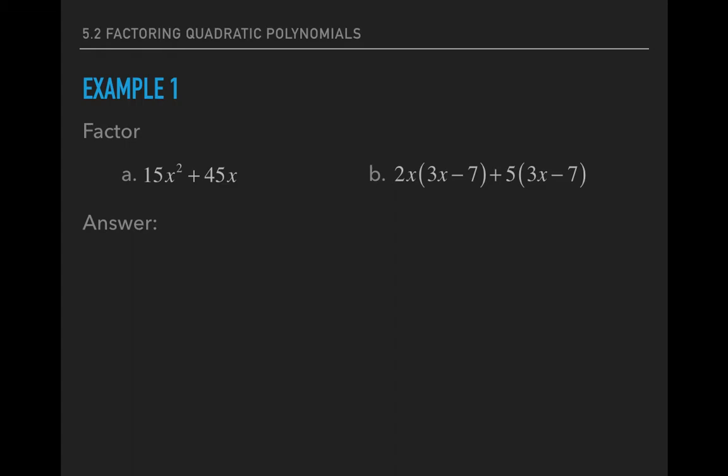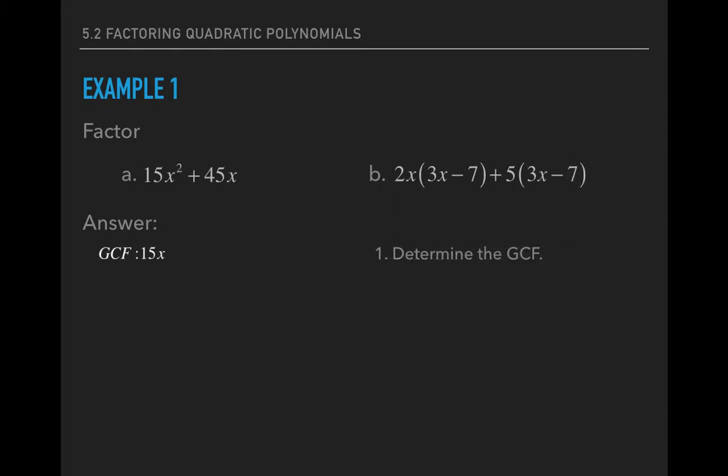Let's actually apply it. We're going to factor these two expressions. So let's start with A. And the very first thing that you want to try to do when factoring is to always look for your GCF. That is the number one step in factoring. Look for the greatest common factor.